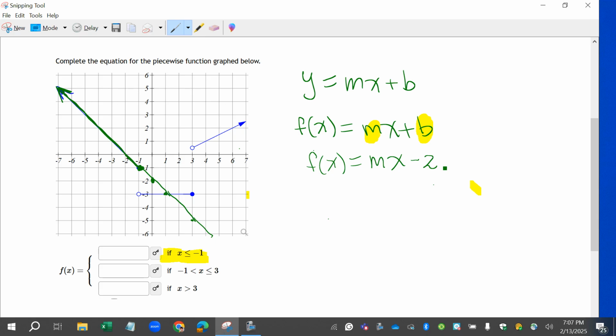Now to get the slope, I would just count from any 2 points up and over. So I'm just going to pick a couple of points. I'm going to pick this point right here and then this point right here. And notice that to get to that point from the first point, I would have to go down, so that would be a negative rise.